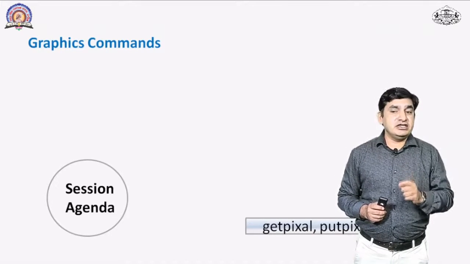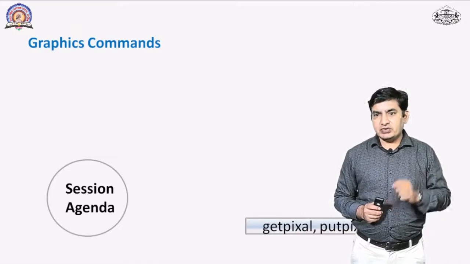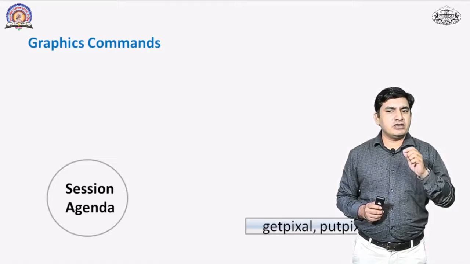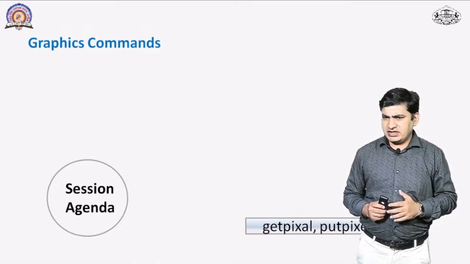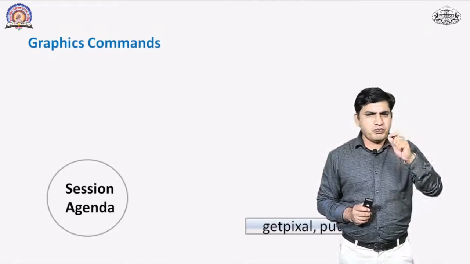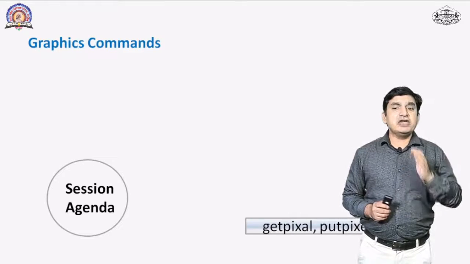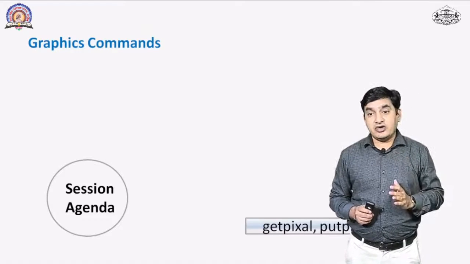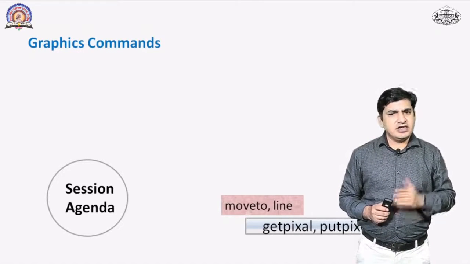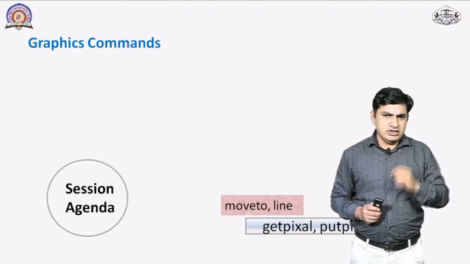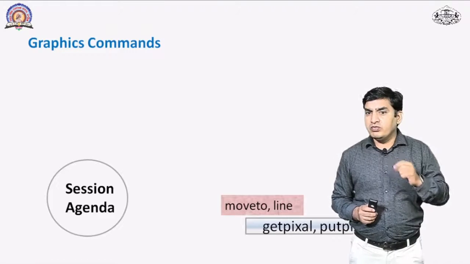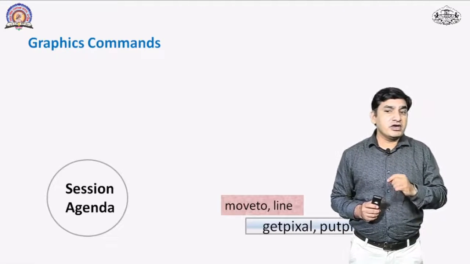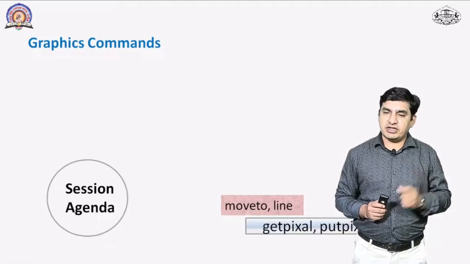Getpixel is used to select a particular location on a screen. Putpixel is used to plot the point at the location. We can change the color of the pixels. Then moveto. Here the moveto function is used to move from the current location to the given location.